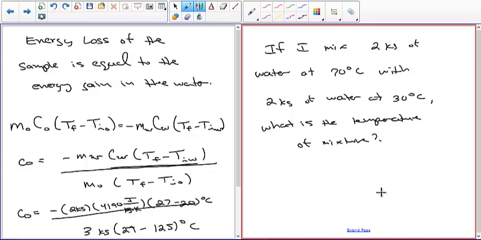So when you mix them together, it just comes out to be 50 degrees C. The change in temperature will be equal in magnitude but opposite in sign. Since they have the same mass, the temperature changes have opposite signs and equal amounts. To have that happen, it'd have to go to 50 degrees C.